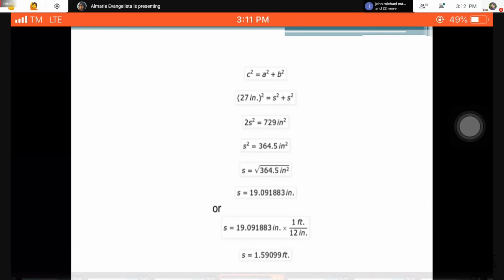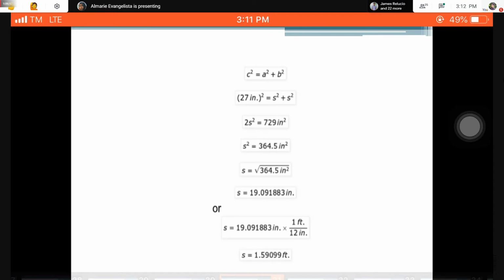So, c squared is equal to a squared plus b squared. Yung hypotenuse natin is yung binigay na 27 inches. So, 27 inches squared is equal to s squared plus s squared. Magiging 2s squared is equal to 729 square inches.